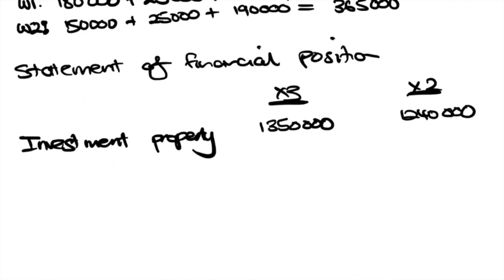For now I'm just going to leave out the retained earnings, although I suppose I could put it in, but we're going to do that in the statement of changes in equity next. So that's all we expect to see with the investment property, reflected at its fair value at those respective dates.